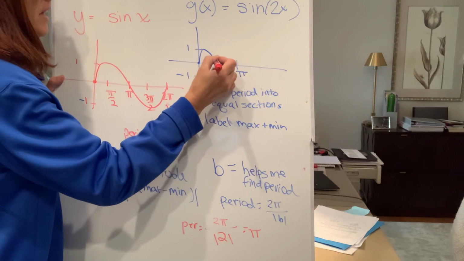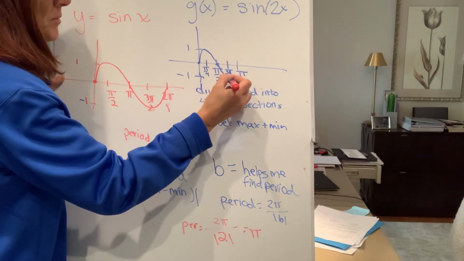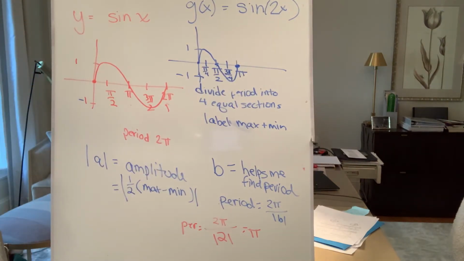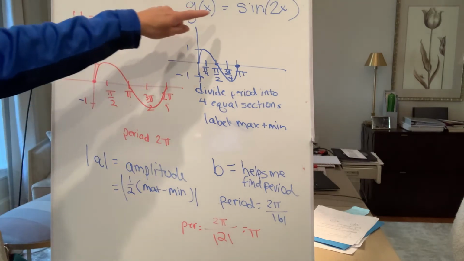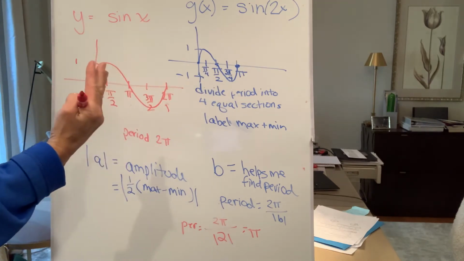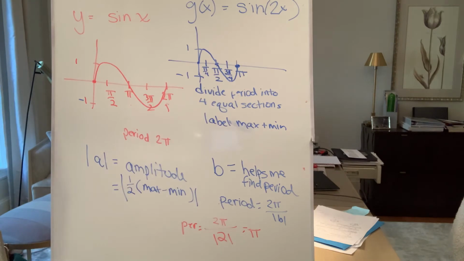At the second, it crosses the x-axis. Then at the third one, it comes down to -1. And at the fourth one, it comes back up to 0. All right, so that's how I would graph sine of 2x. It's the same shape, it's just doing it over a period of pi instead of 2 pi.